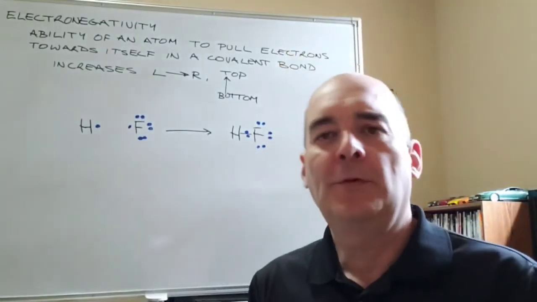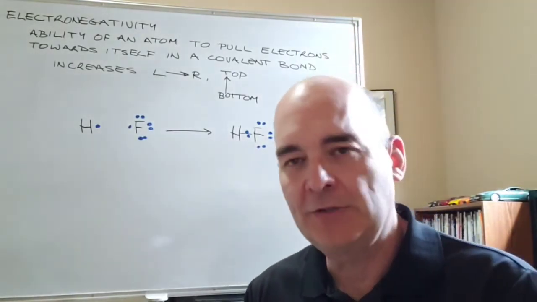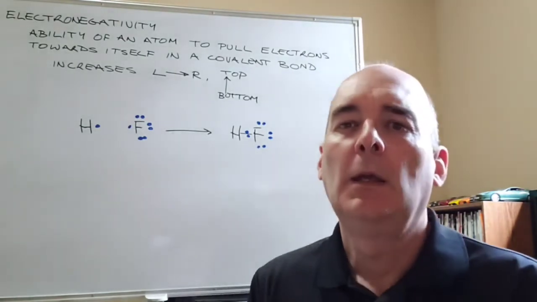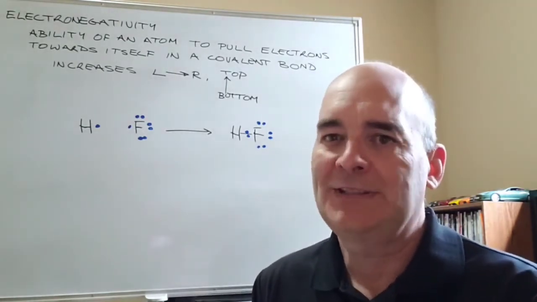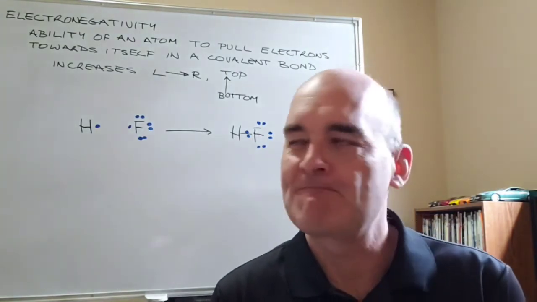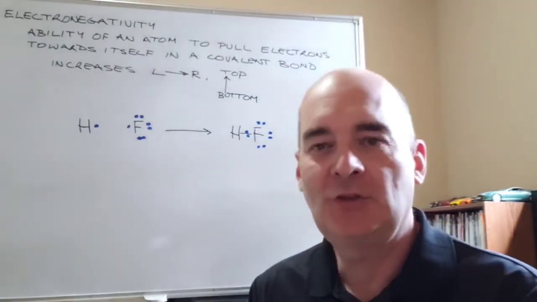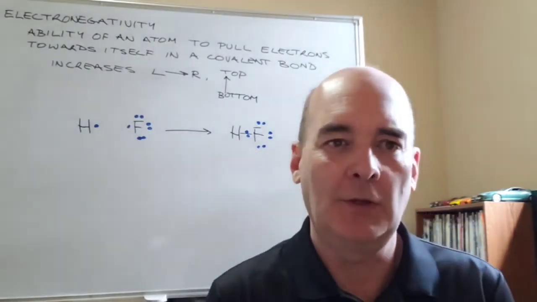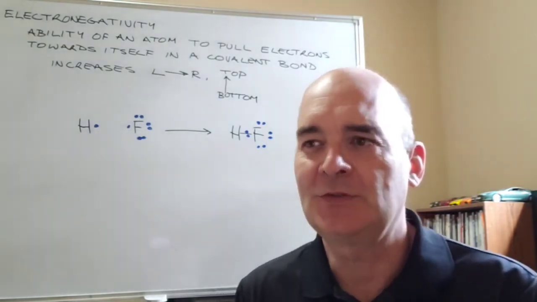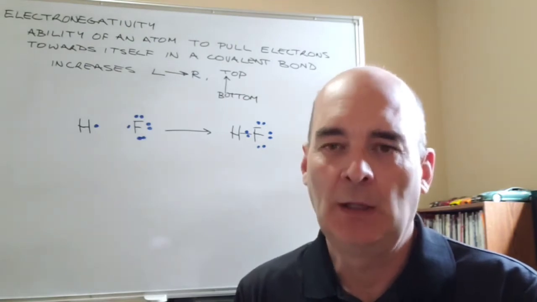So you'll remember from ionic bonding that metals, things on the left-hand side of the periodic table, tend to give their electrons away, whereas non-metals tend to pull electrons towards themselves. So, if I'm combining 2 non-metals in a covalent molecule, there's a good chance that those 2 atoms don't have the same electronegativity.